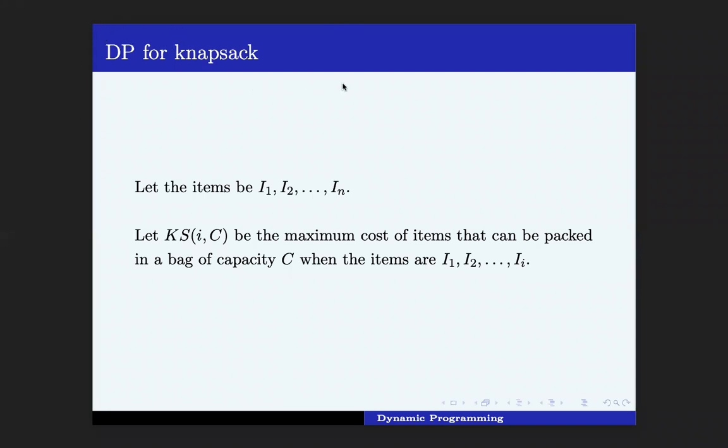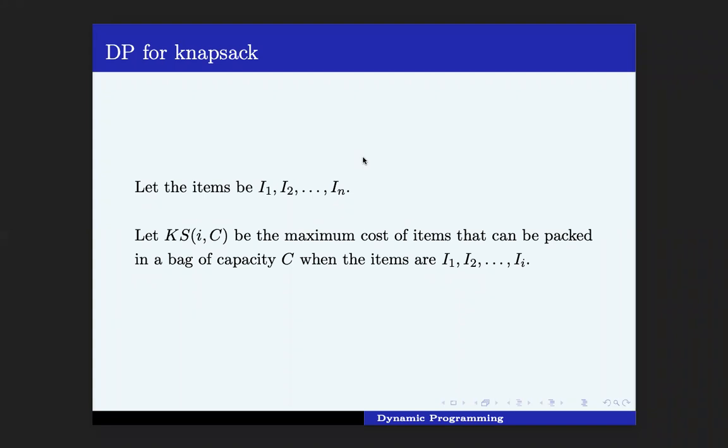Sir, if we include the nth item, then the capacity will be C minus Vn. Yes. What if Vn is greater than C? Okay, in that case, we have to throw it away.